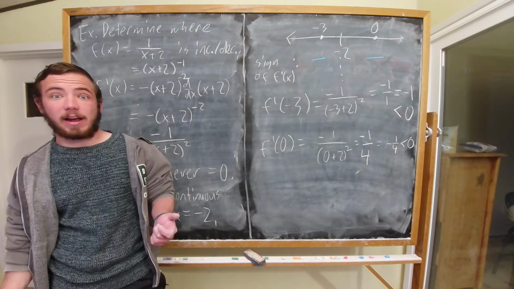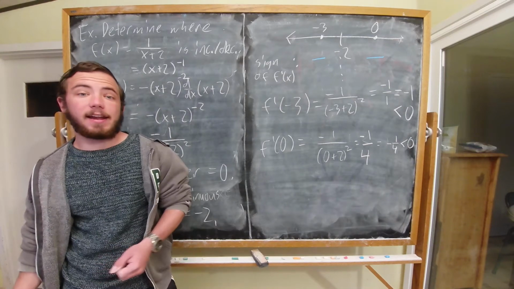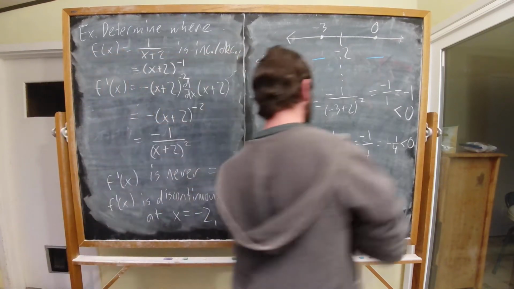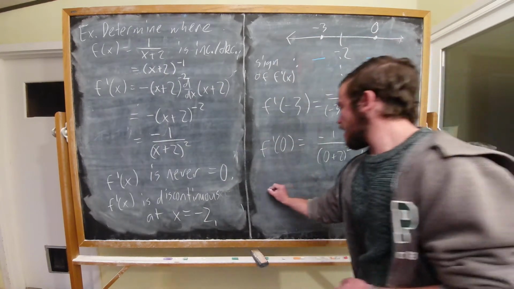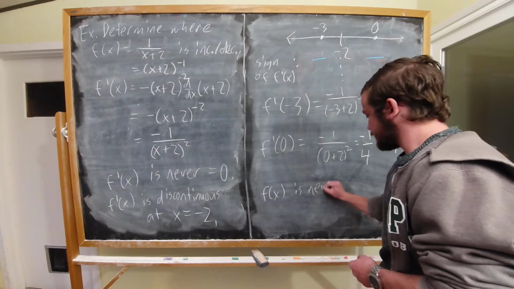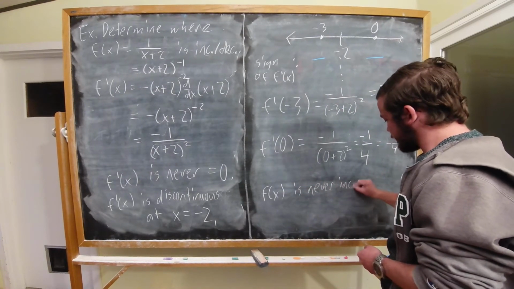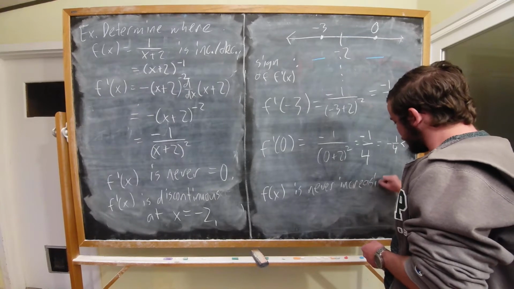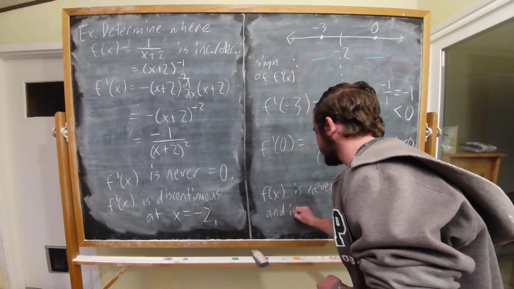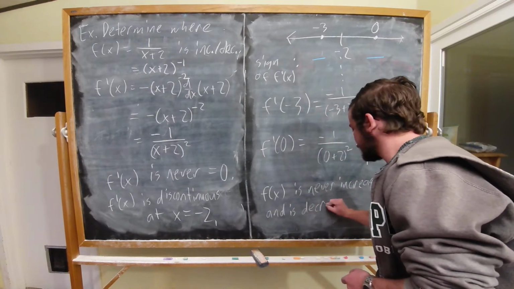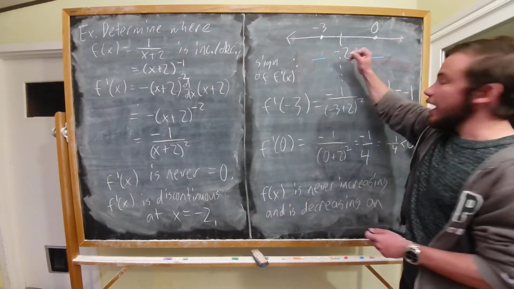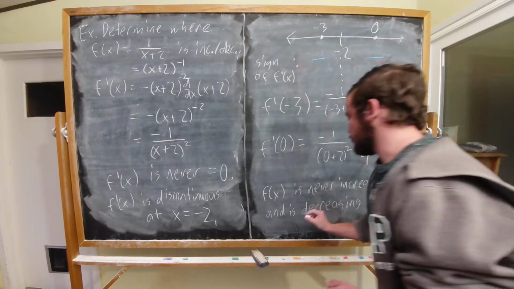So let's actually write out the answer to our problem. And again, we'll just use interval notation since that's what's typically convenient for problems like this. F of x is never increasing and is decreasing everywhere except for at -2.